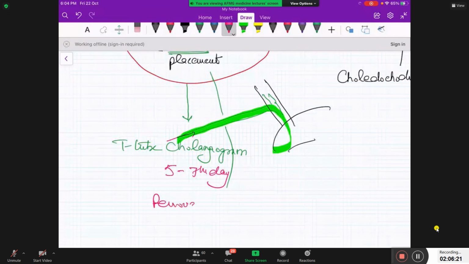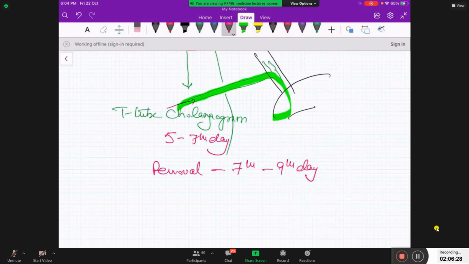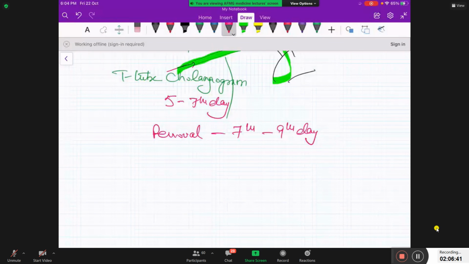Removal of this T-tube is done between 7th to 9th day. So, when to do T-tube cholangiogram and when to remove T-tube is important for us. These are the things we should know in a CBD stone.